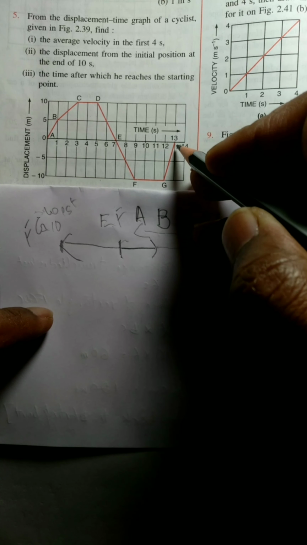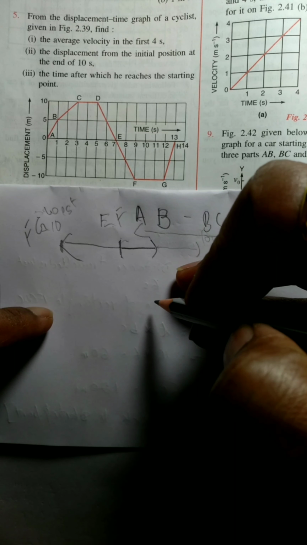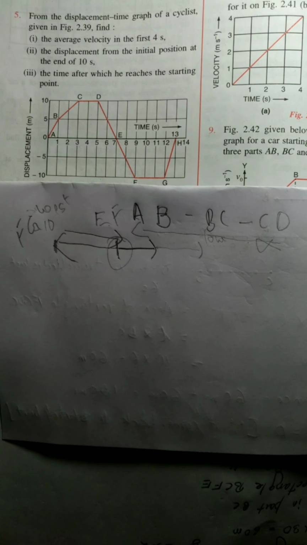That means it is again coming back to the original position. Where was the original position? If you see, this is the original position. So the last portion GH means it's coming back to its original position. It's quite complicated here, but I expect you to imagine all these things.